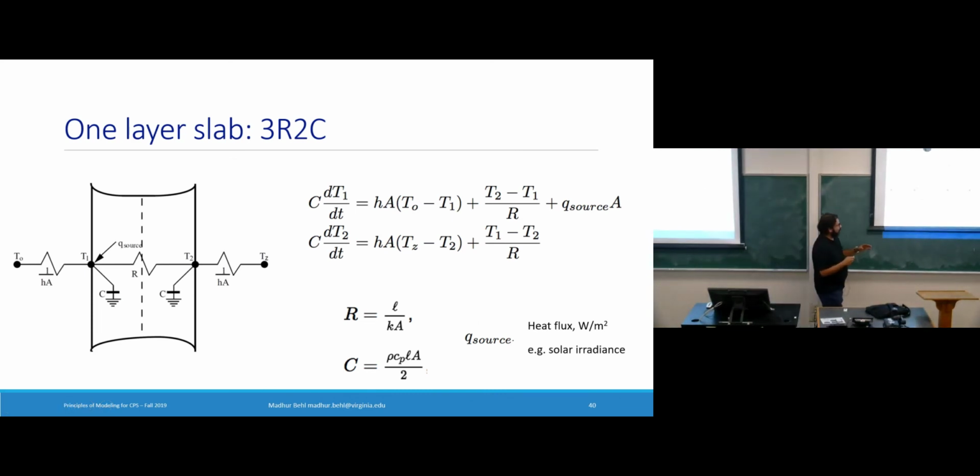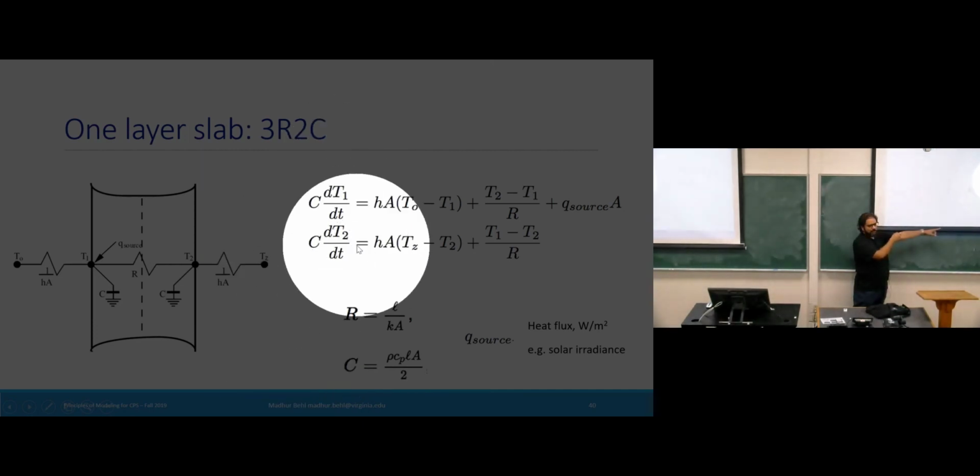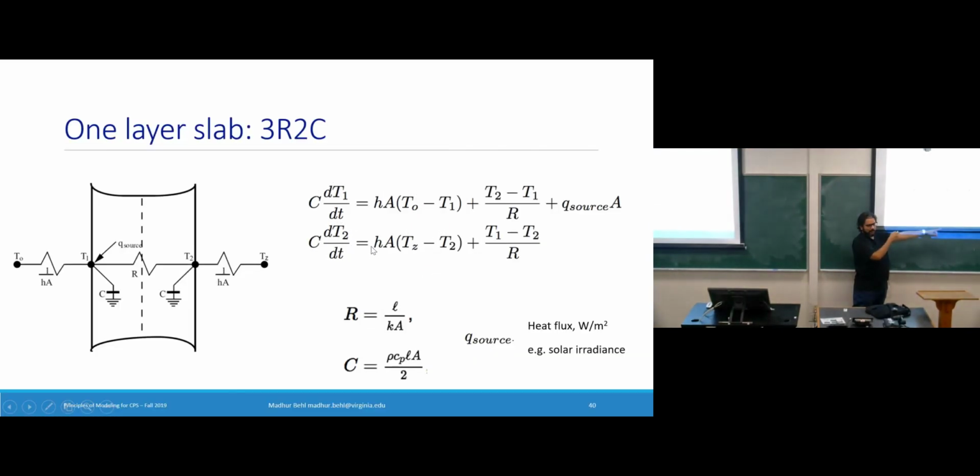So, in a real wall, based on the layers, they could be different as well. But if you only had 1 capacitor, you couldn't write the differential equations for 2 states because you need a capacitor times the rate of change of temperature equals to flow.